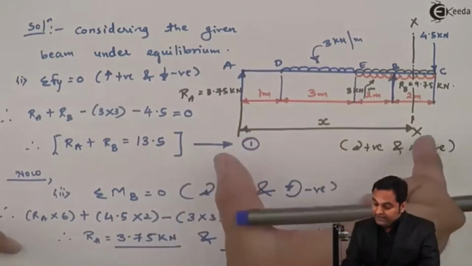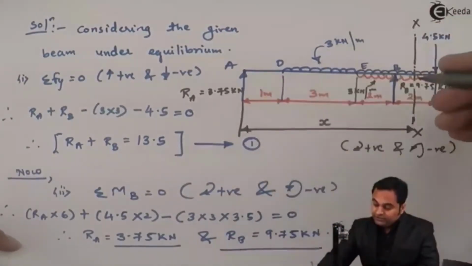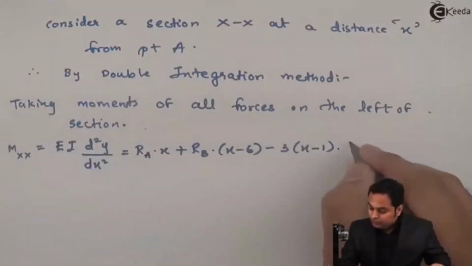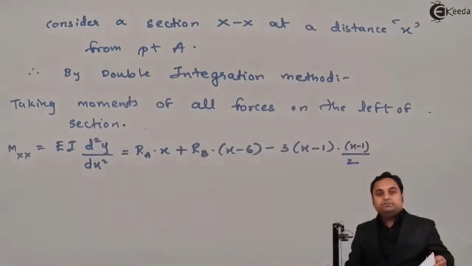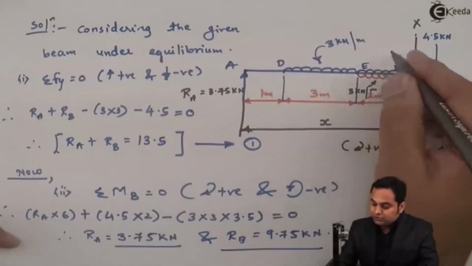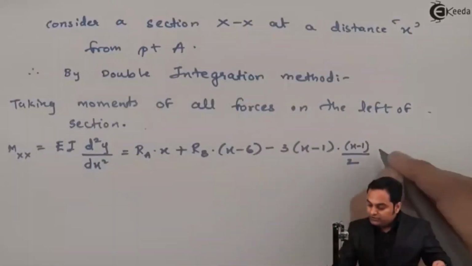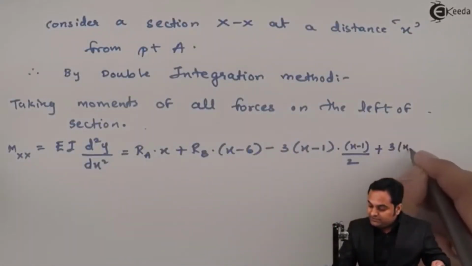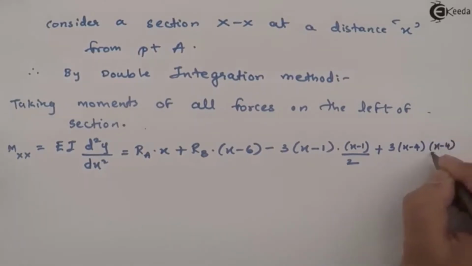Now this point load acts at half of X minus 1. So when I am taking the moment, that distance is into X minus 1, the half of that. Next, the UDL which is there below produces clockwise moment and it is at X minus 4 distance. So it is plus 3 into X minus 4, and this is also acting at half of X minus 4.